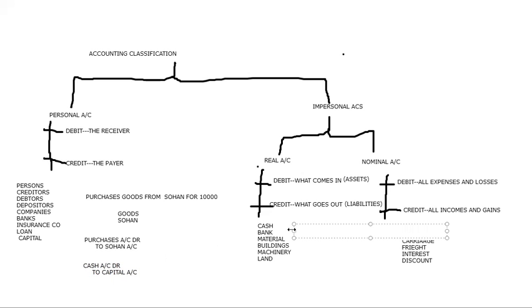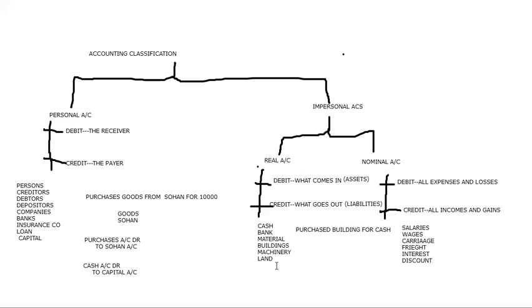Now the same thing, I'm taking an example of the real account. I said, purchased building for cash. This is my transaction. Now how am I going to take it?